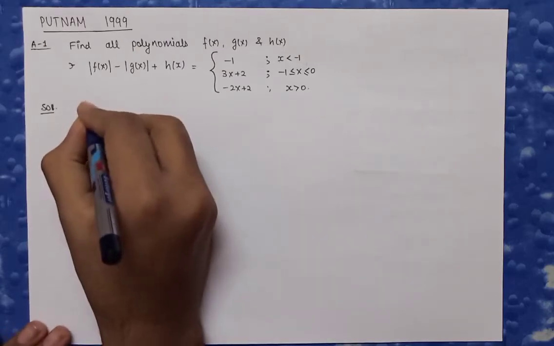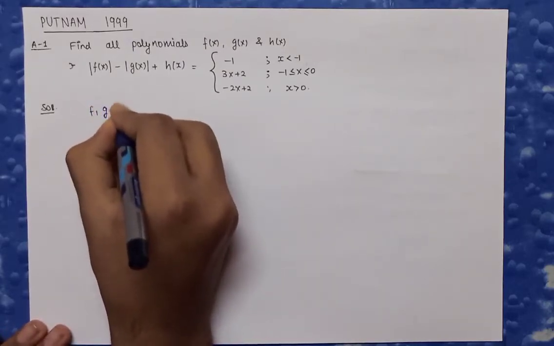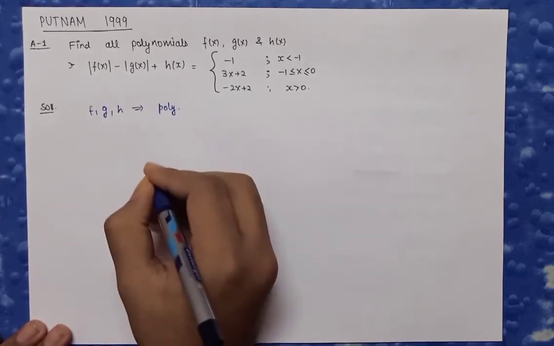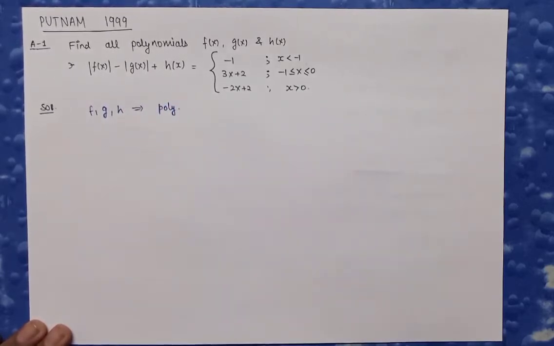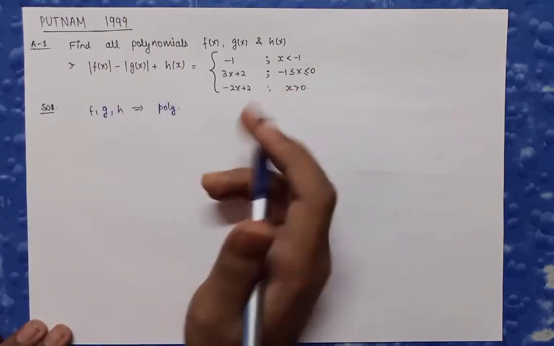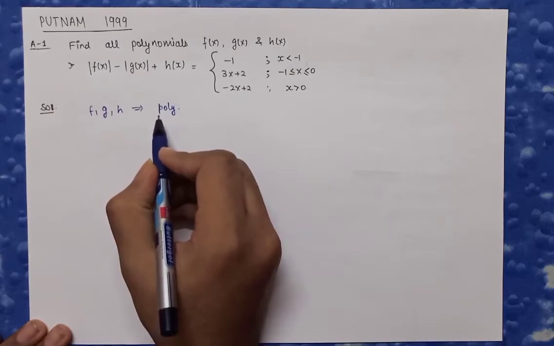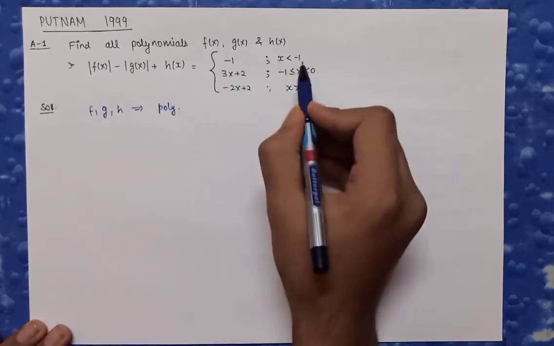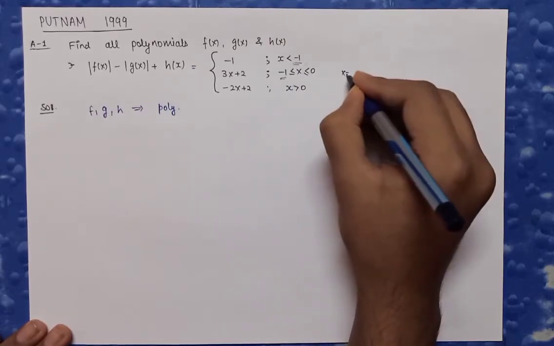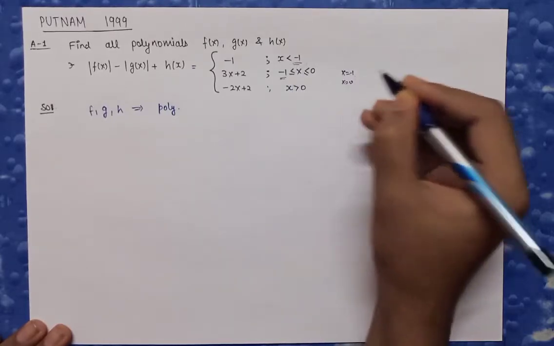Here it is clearly given that f, g and h are polynomials, and this is the summation of polynomials, so it must be a continuous function because a polynomial is itself a continuous function. But there are two splits, one at x equals to minus 1 and the other one at x equals to 0.